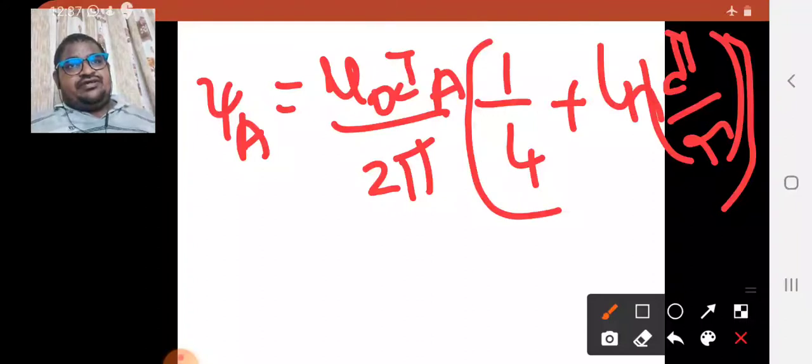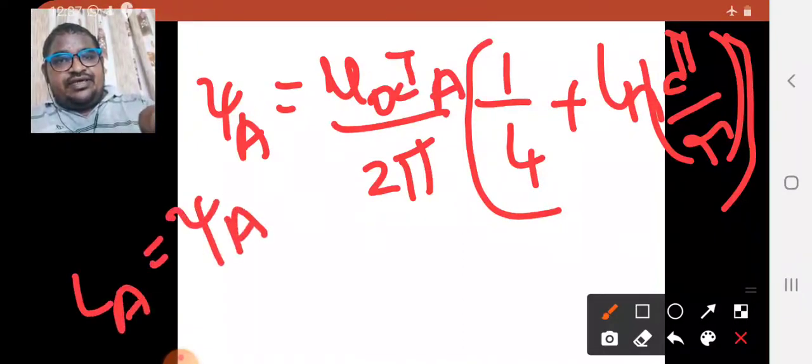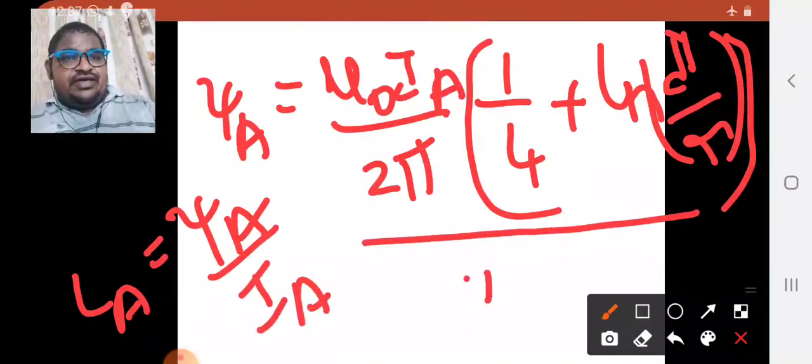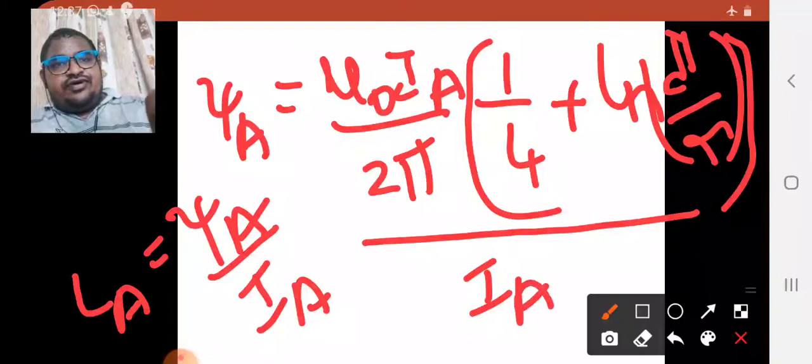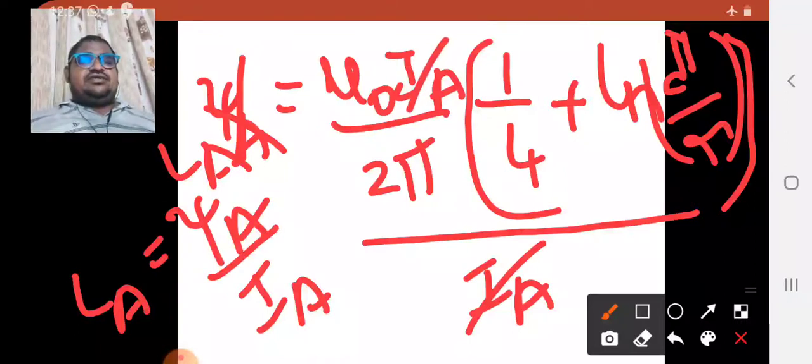Inductance LA is equal to psi A by IA, so IA gets cancelled. Then what remains is mu naught by 2 pi into 1 by 4 plus ln D by R.